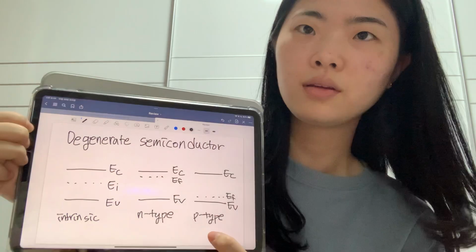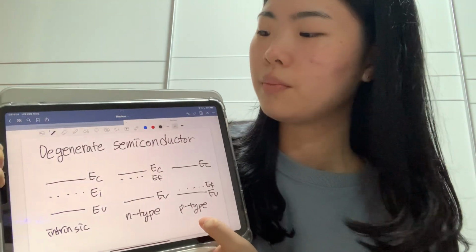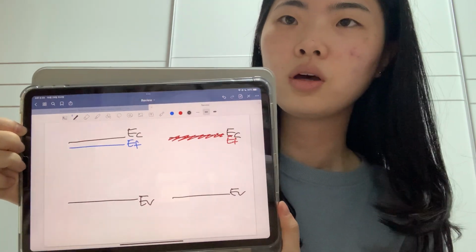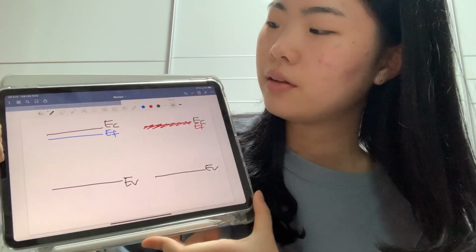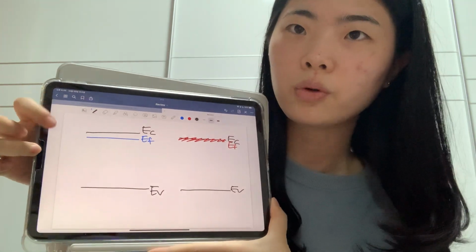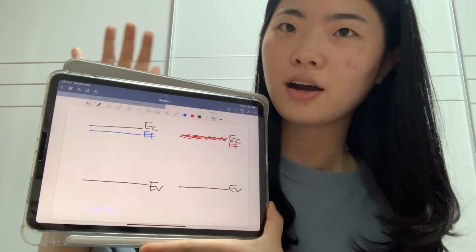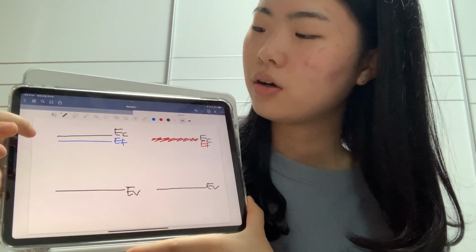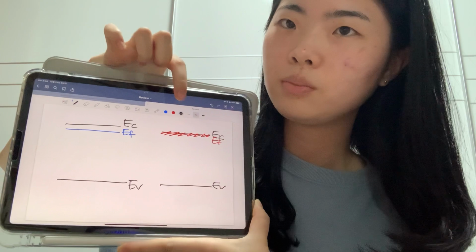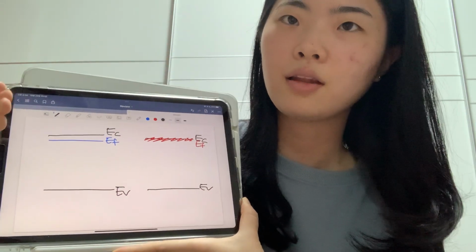So based on this energy band gap, if we dope a lot into the semiconductor, this Fermi Dirac level will go up or down very high. If we dope a lot, this Fermi Dirac level will be the same as the conduction band level.